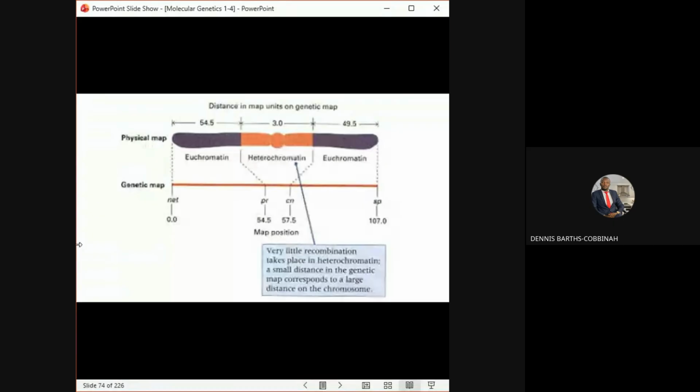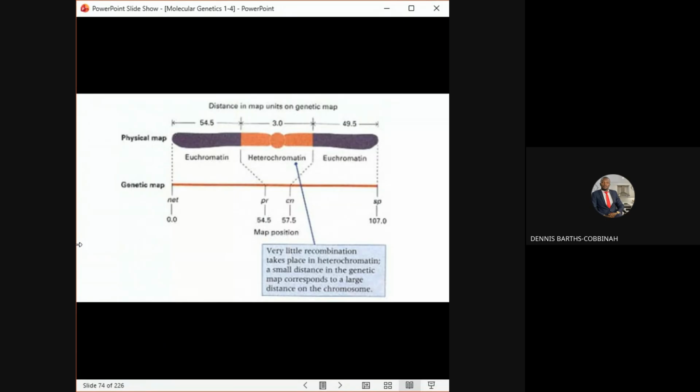But when you consider the euchromatin, the map distances between the genes are wider apart. So in this region of the chromosome, crossing over is most likely to occur.